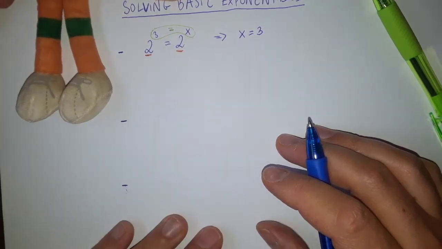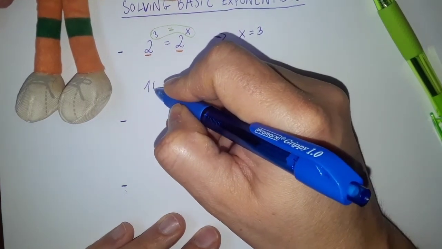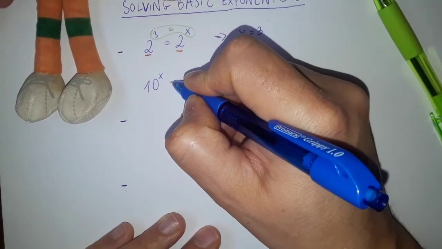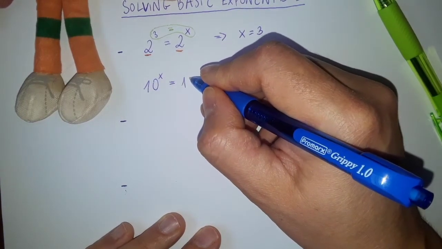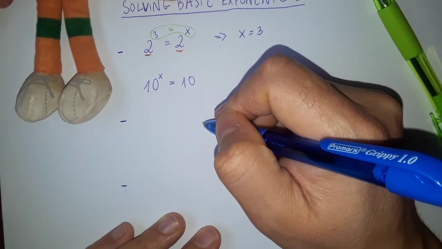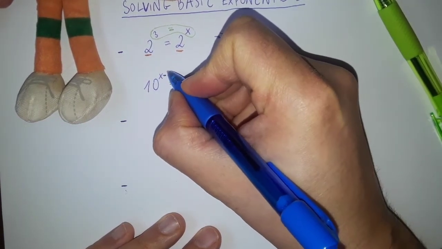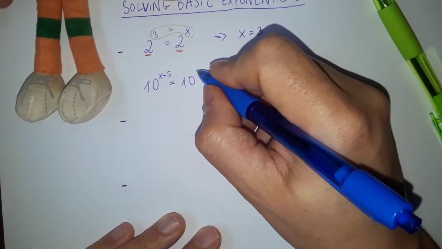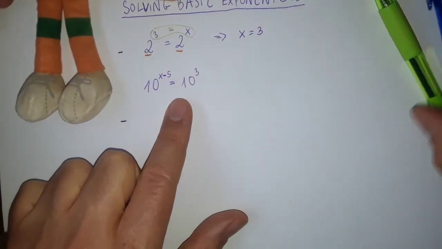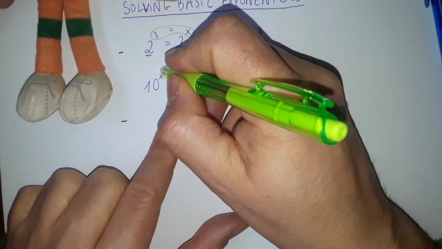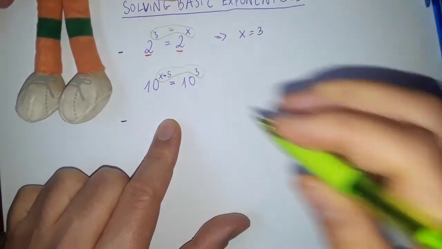Should I make another example, a more difficult one? Yes, please. Okay, let's suppose that I have 10 to the x minus 5 equals 10 to the third. That's a more difficult one. Now we proceed the same way. We make the exponents equal.